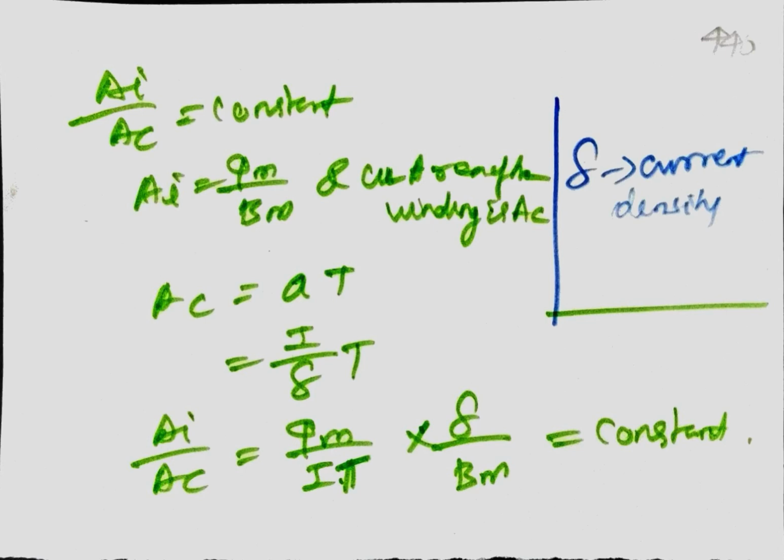That is, Ai is equal to φm divided by Bm, and Ac is copper area of the winding. Delta is current density. Ac is equal to I divided by delta into T. Ai divided by Ac is equal to φm divided by IT into delta divided by Bm, which is constant.